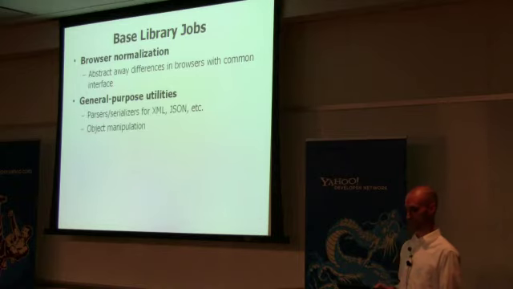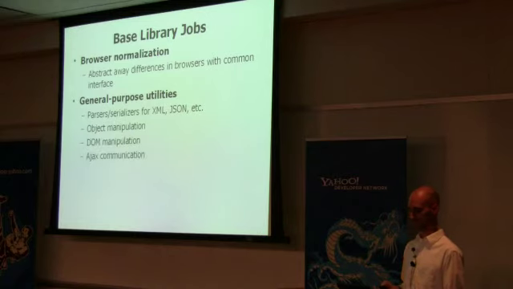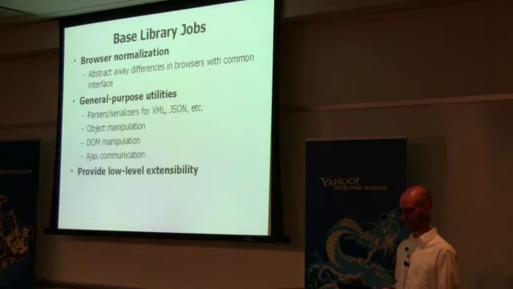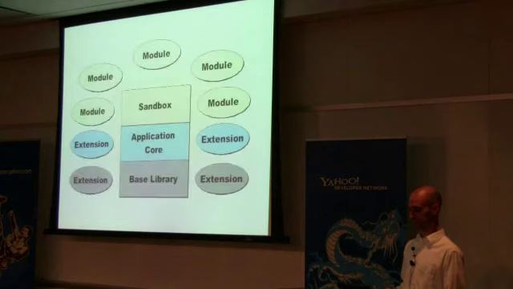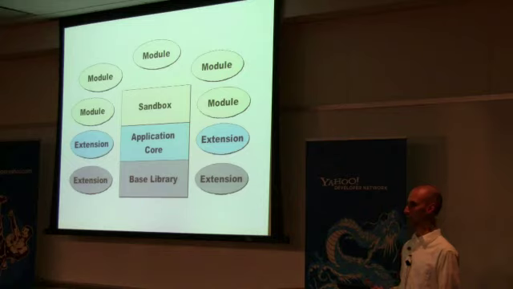Parsers and serializers, object manipulation, DOM manipulation, AJAX communication, all the stuff that makes your life easy in general. And then provide low-level extensibility. So when you're choosing your base library, you need to make sure that you can write extensions for it as well. So really, your architecture ends up looking like this, where you have a core in the middle of things that you rely on, and then a bunch of extension points around the outside, so that you can continue to grow your application in whatever way you want to.